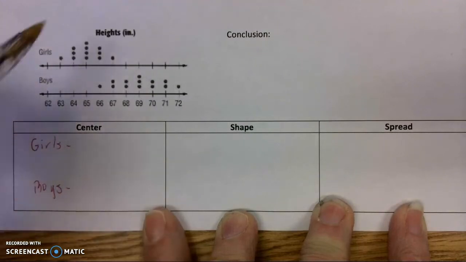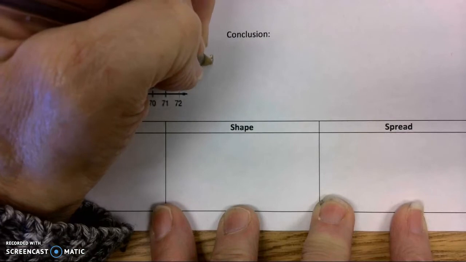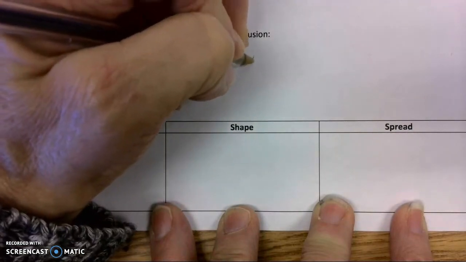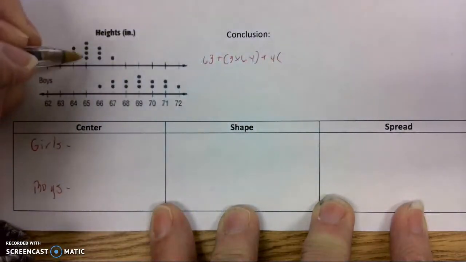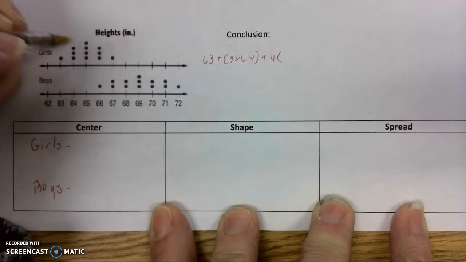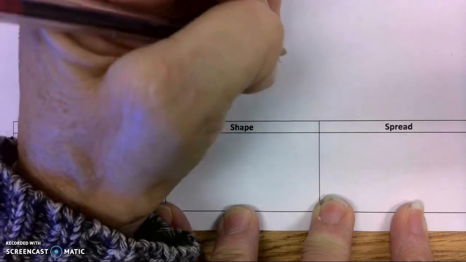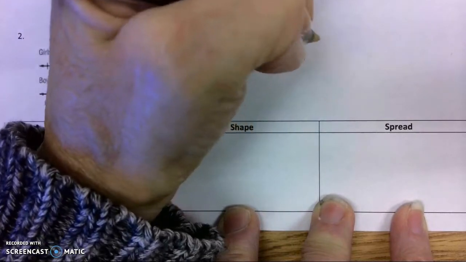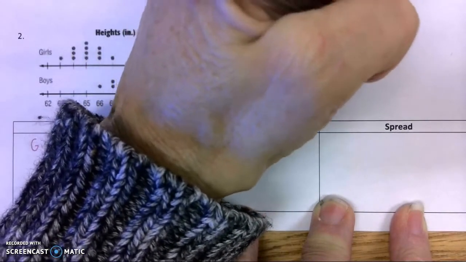So when I add this for my girls, I'm going to add 63. I have 3 at 64. I have 4 times 65, and I'm getting these because they line up right there next to the boys. Then I have 3 at 66, and then that lone 67.